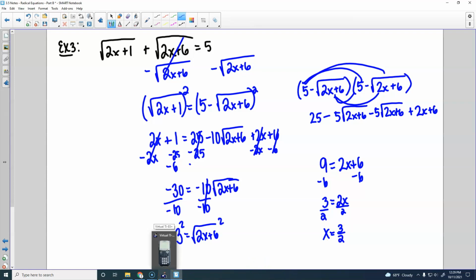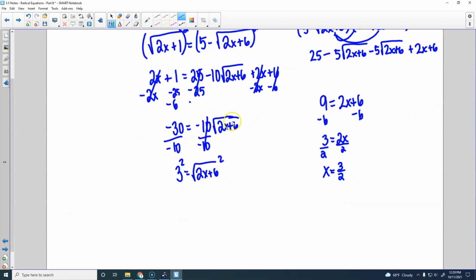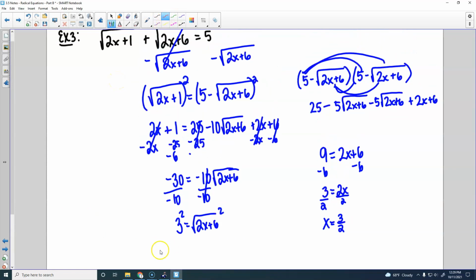Actually, no, it's pretty easy. You do always have to check these. So, if we're checking this one, we're doing the square root of 2 times 3 halves plus 1 plus the square root of 2 times 3 halves plus 6.